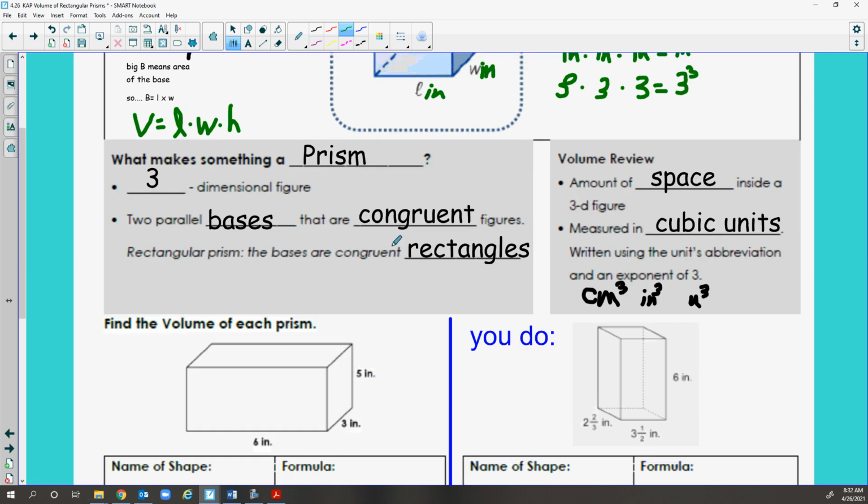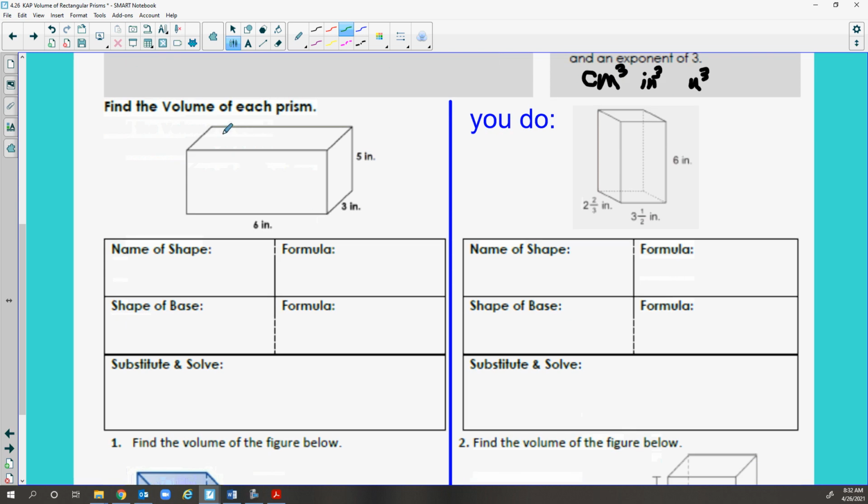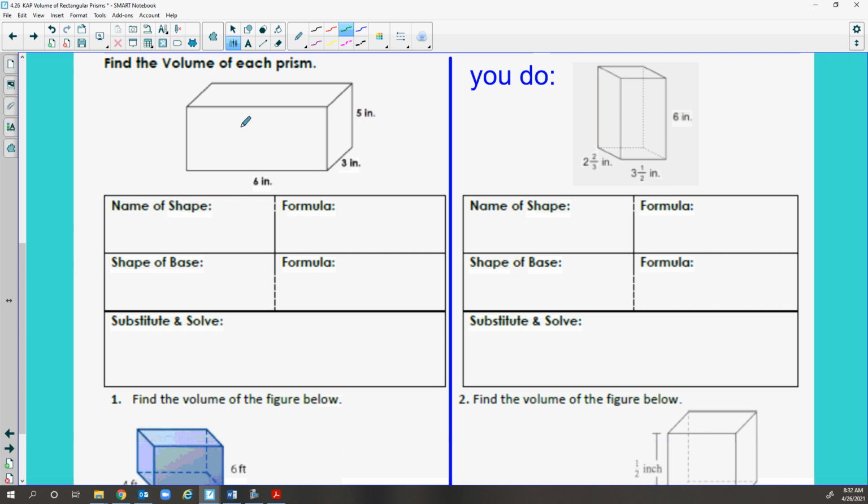All right, let's find the volume of this prism together, and then I'll let you try some harder ones on your own. What's the name of our shape here? I know that this is a rectangular prism. What's my formula?